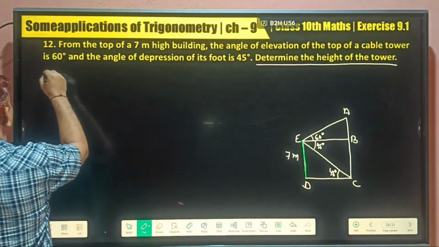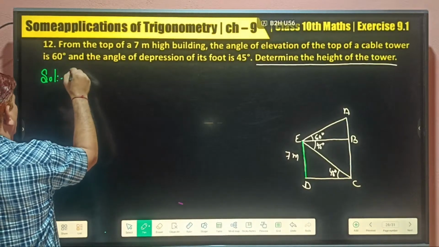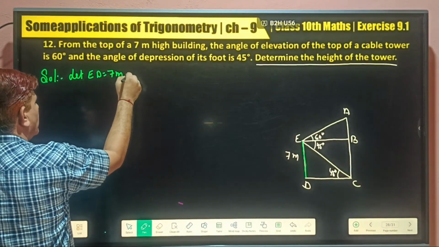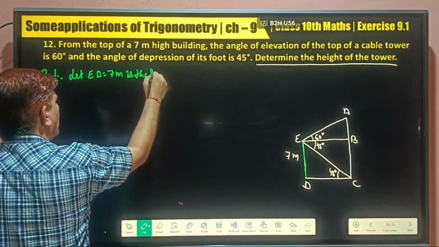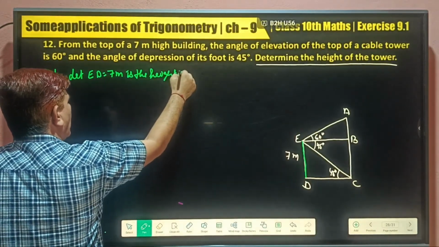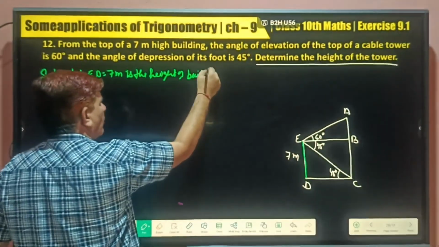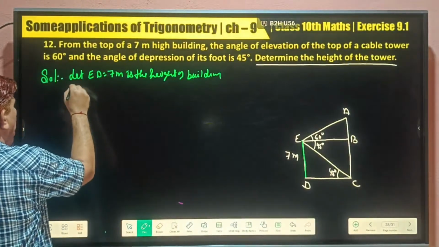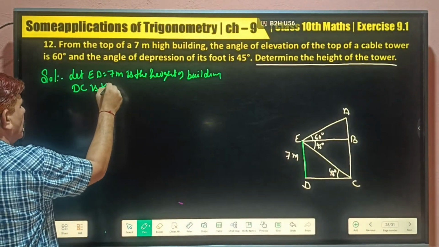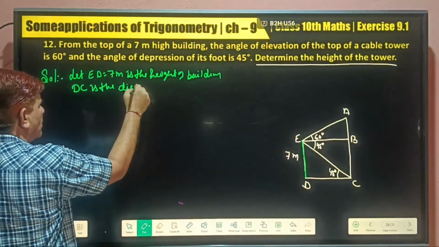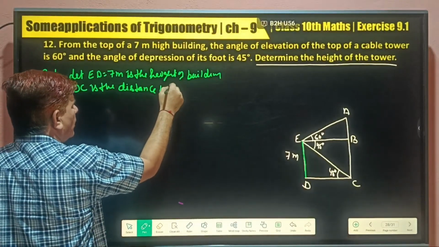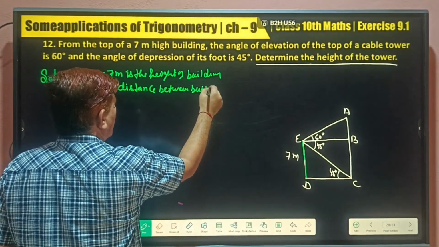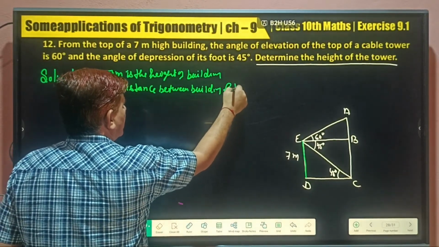So write, let ED equal to 7 meter is the height of the building. DC is the distance between building and tower.